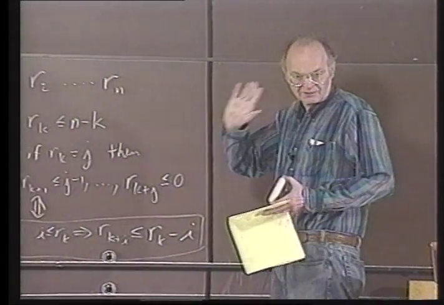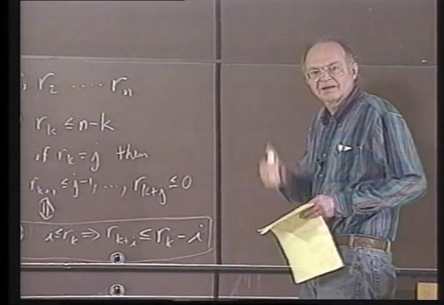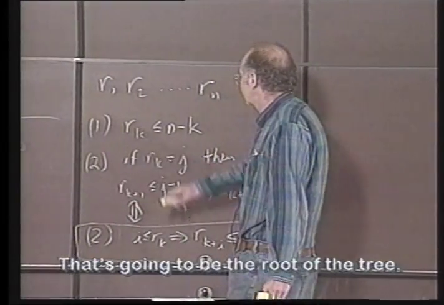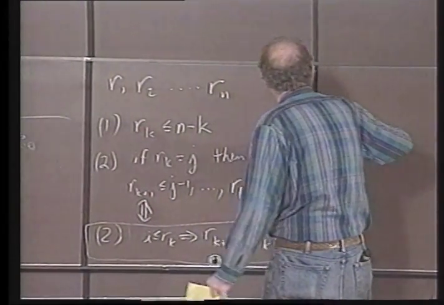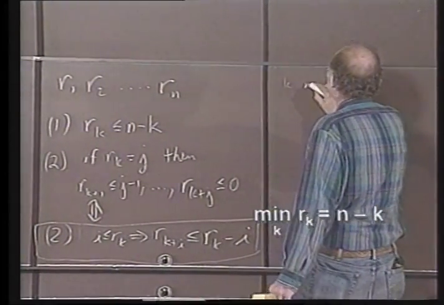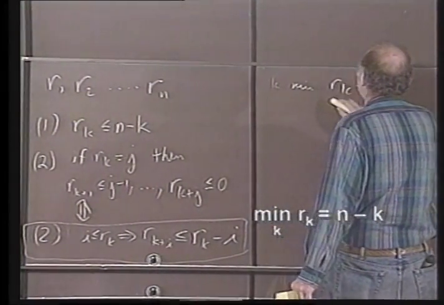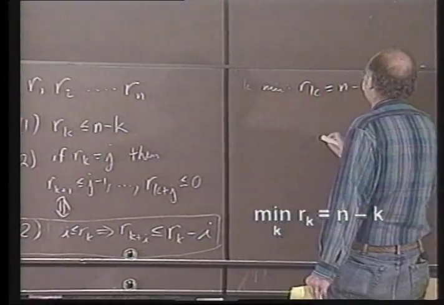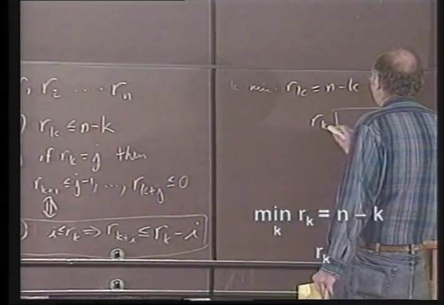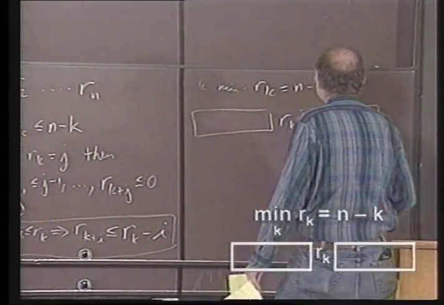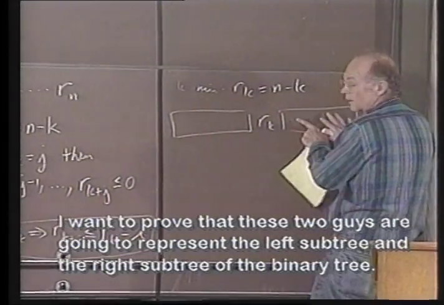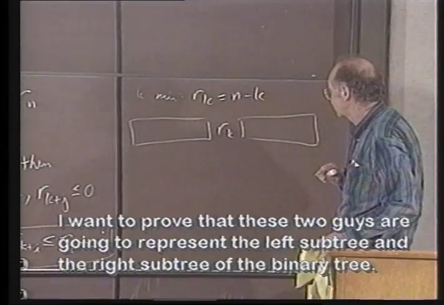In that case, I take the very first k, and that's going to be the root of the tree. So in other words, take k to be minimum for which R sub k equals n minus k, and then I have R sub k sitting here, and then I have numbers here, and I want to prove that these 2 groups are going to represent the left subtree and the right subtree of the binary tree.